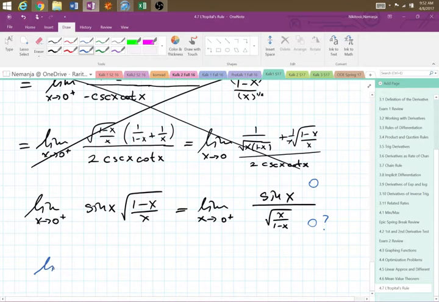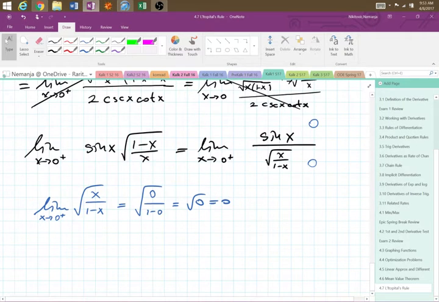So I have to take the limit of square root of x over 1 minus x as x goes to 0 plus, which is square root of, so that's 0 divided by 1 minus 0, which is square root of 0, which is 0. Awesome. So we do have 0 over 0, and now we can take derivatives there.